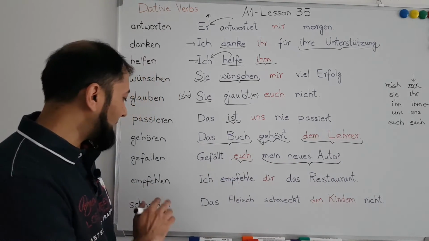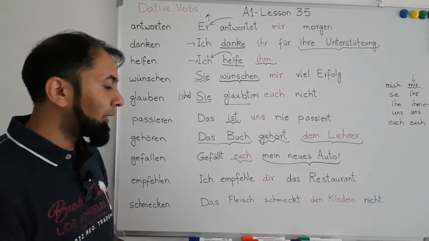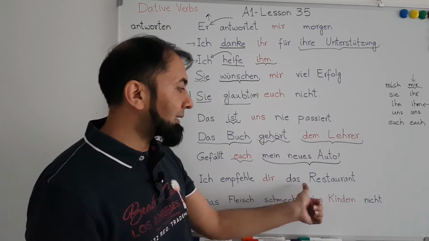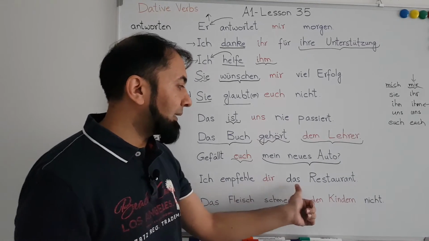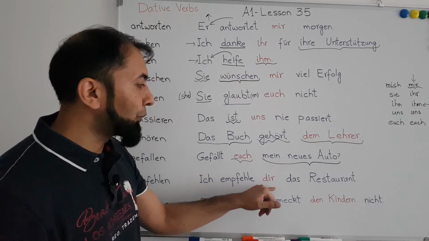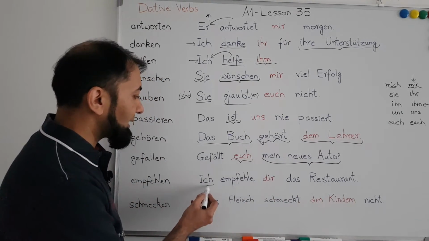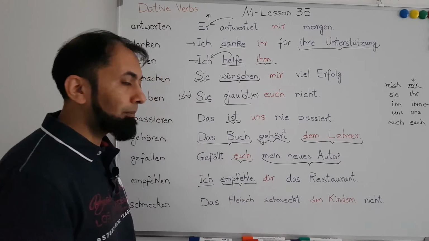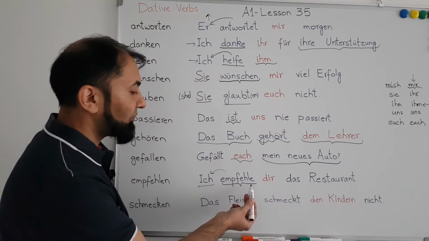Now next example is the verb empfehlen. Empfehlen is also a dative verb which means to recommend. Ich empfehle dir das Restaurant. I recommend this restaurant to you. Now here again, ich is the subject. At the second position, we will conjugate the verb empfehlen with respect to the subject ich, and it will become empfehle.